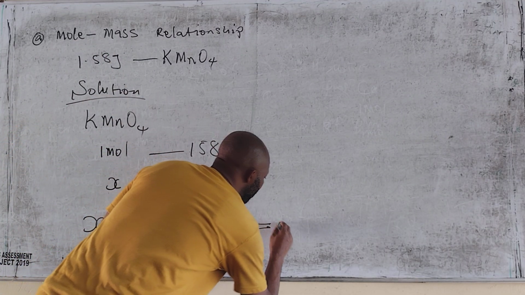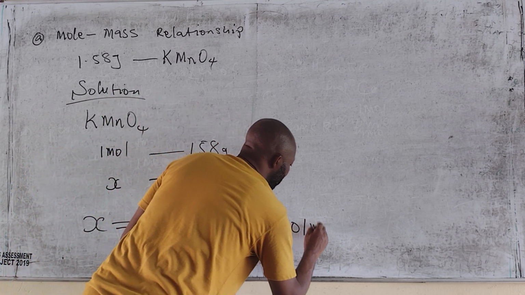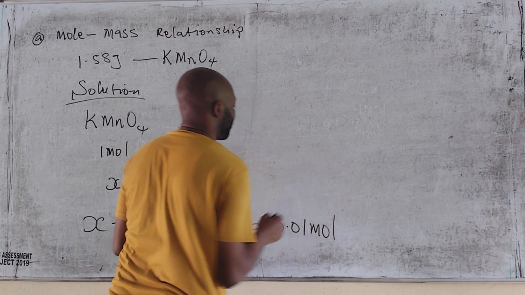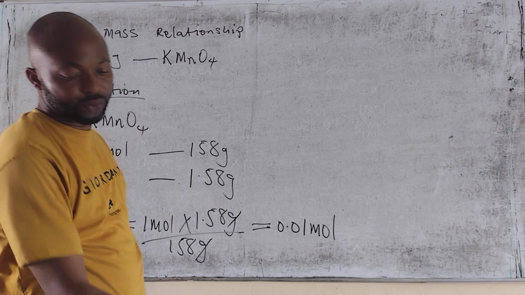So my answer is 0.01. What's the unit? Gram is gone. I'm left with mole, 0.01 mole. So that is the first question. We are calculating, it is mole-mass relationship. Let's take question number 2.